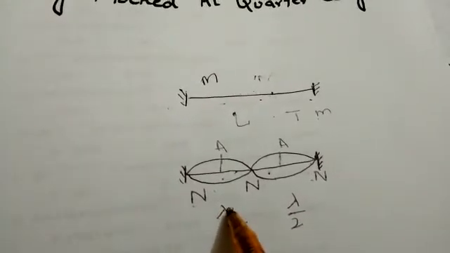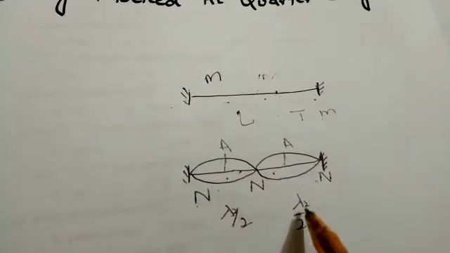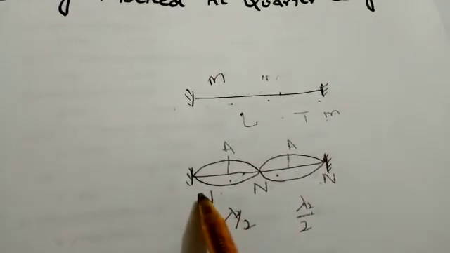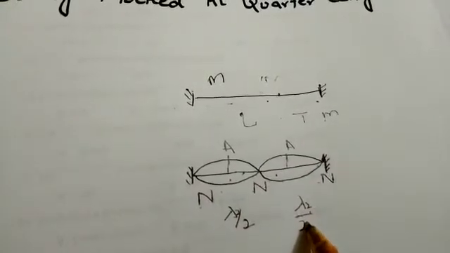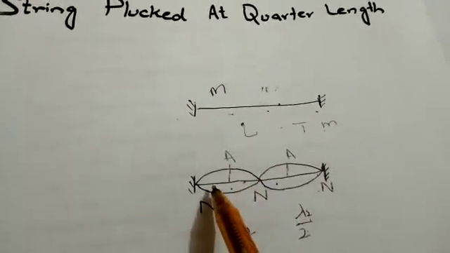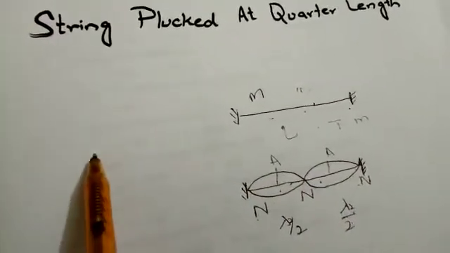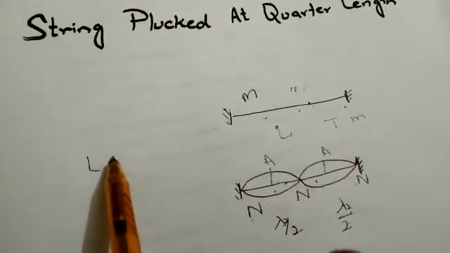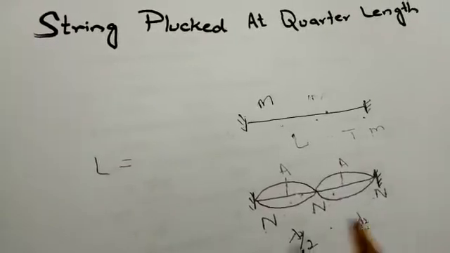Here we discuss the second case, so we write this as our second wavelength lambda 2. This distance is lambda 2 by 2 and this distance is also lambda 2 by 2. So if we write the expression for the length of this string, then the length of the string denoted by L is equal to lambda 2 by 2 plus lambda 2 by 2.